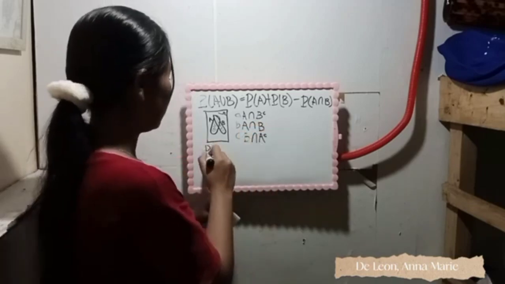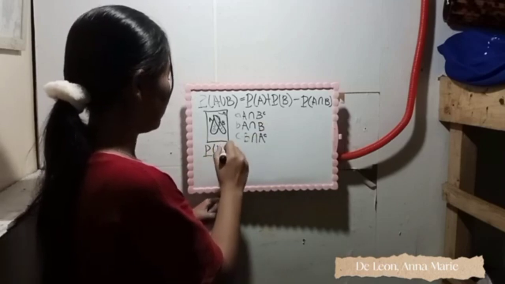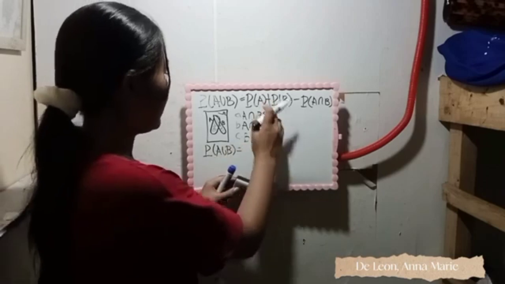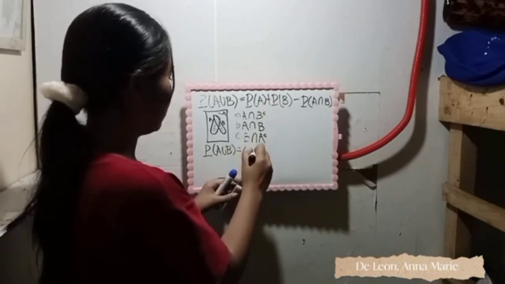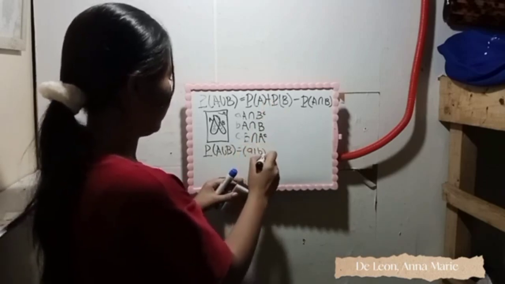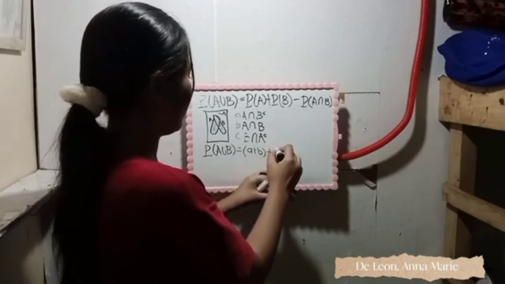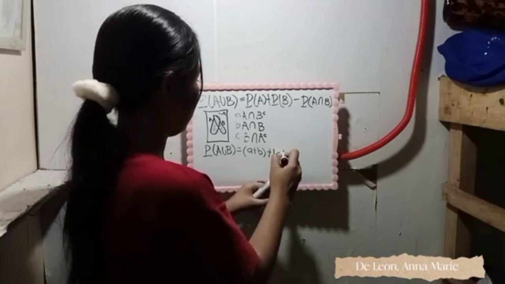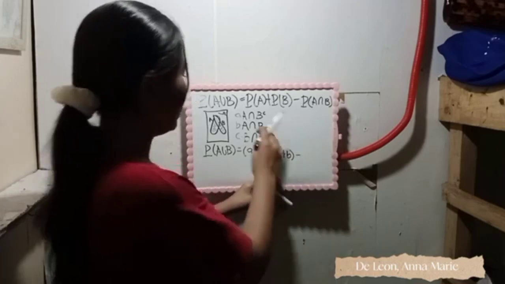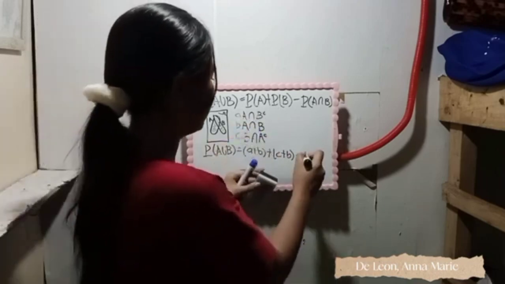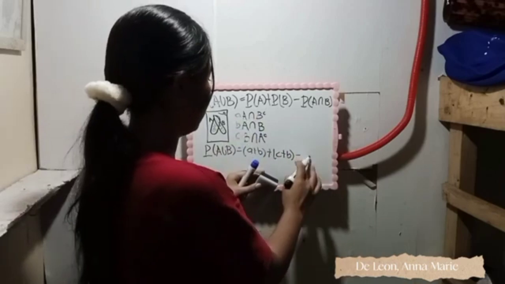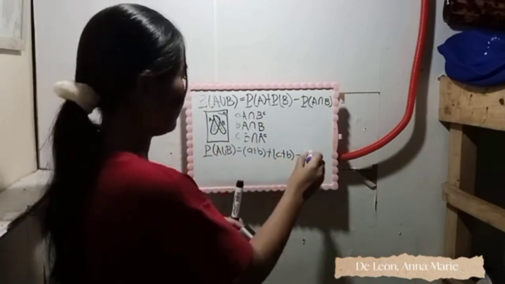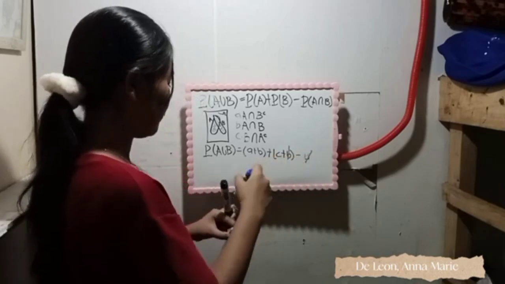So probability of A union B is equal to probability of A plus probability of B minus the intersection of A and B. You can cancel B here.